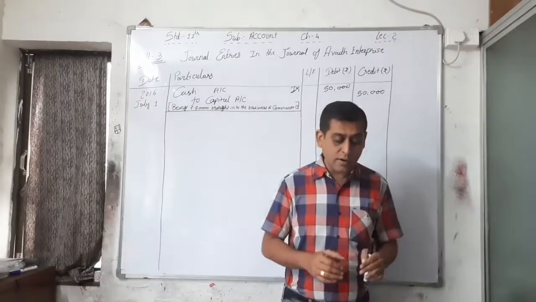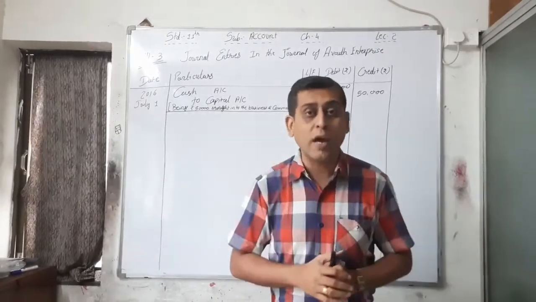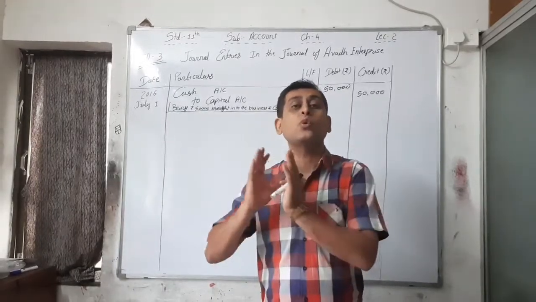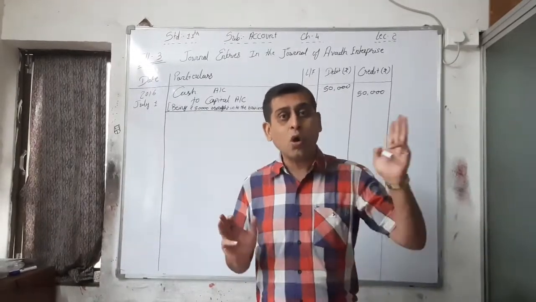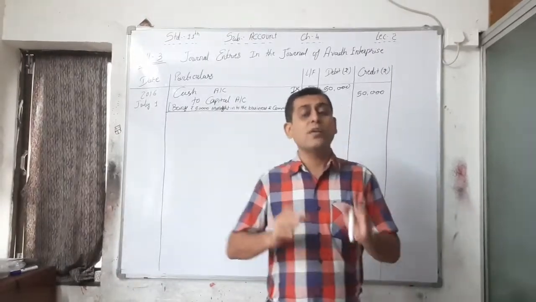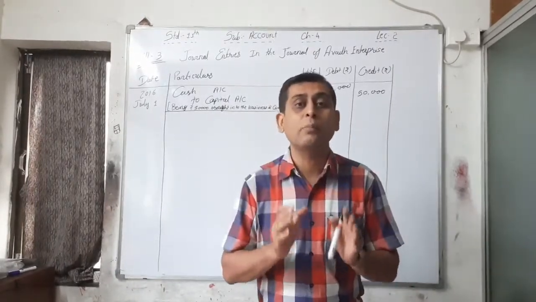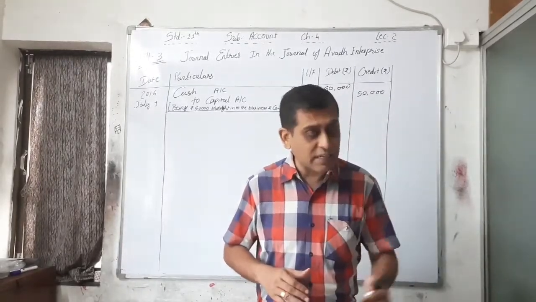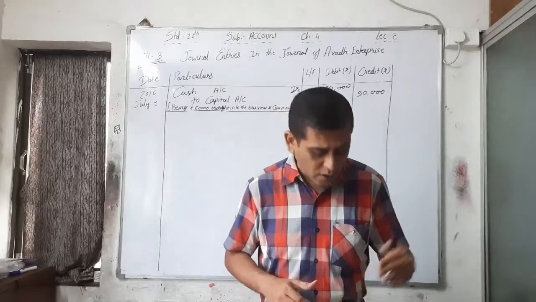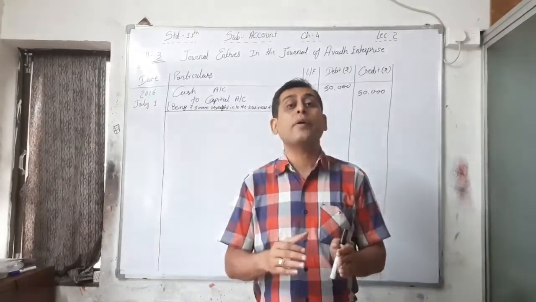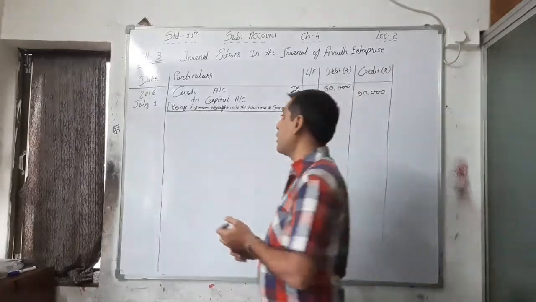Here, in one day, that is 4th July, three transactions are there and all are related to the capital account only. That's why we have to make a combined entry. So goods of rupees 10,000, that is stock account debit, furniture debit and debtors debit to capital account. That is the journal entry.